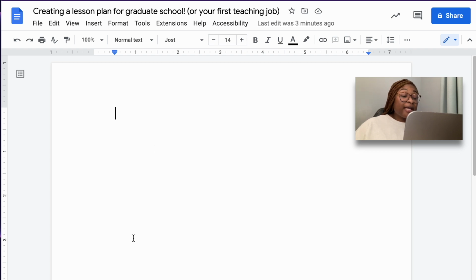Microsoft Word works as well. And the administrator was very pleased that they didn't have to look through a lot of different patterns and things to see what I was talking about. So keep that in mind when you're putting your lesson plan in your portfolio. Just as an aside, maybe make it minimalist, or save the designs for after you get the job.